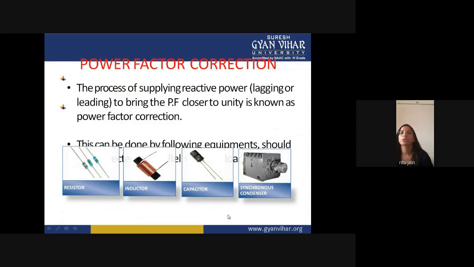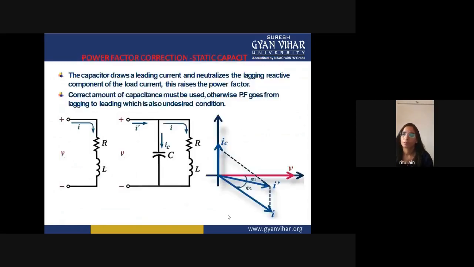The process of supplying reactive power, lagging or leading, to bring the power factor closer to unity is known as power factor correction. This can be done by the following equipment: it may be a resistor, an inductor, a capacitor, or a synchronous condenser. Power factor correction requires this equipment.